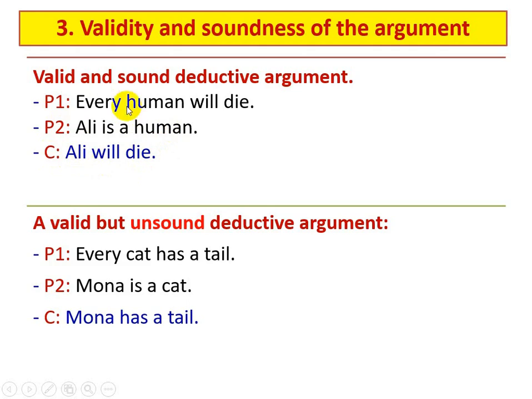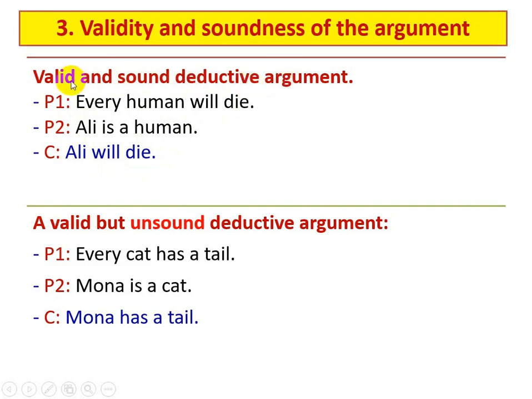These three propositions comprise the argument here, the deductive argument. This is premise 1, premise 2, and this is the conclusion. Again, every human will die. Ali is a human. Ali will die. So, this is a valid and sound deductive argument.